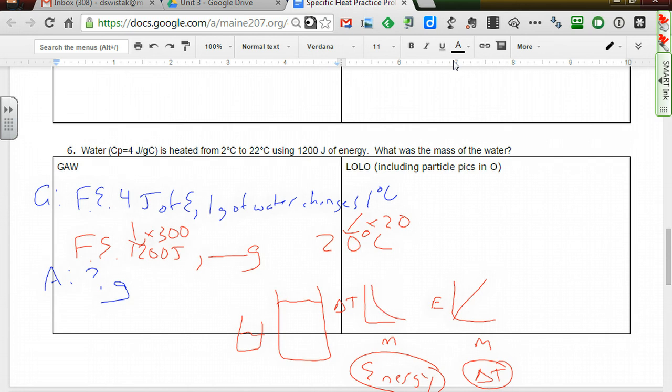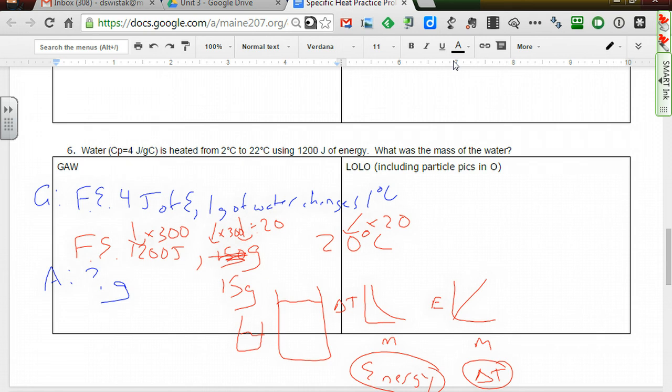Boom, inverse. Okay, so my delta T, I'm going to divide by 20 and I'm going to multiply by 300. Which means I'm really going to multiply by 15 grams. So 30 divided by 2 is 15. So I'm just multiplying by 15.